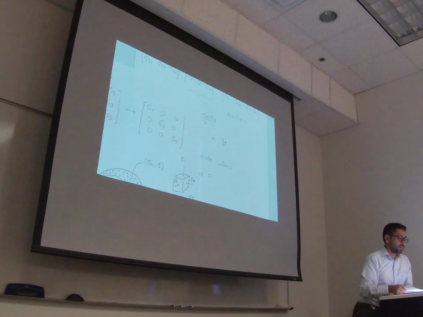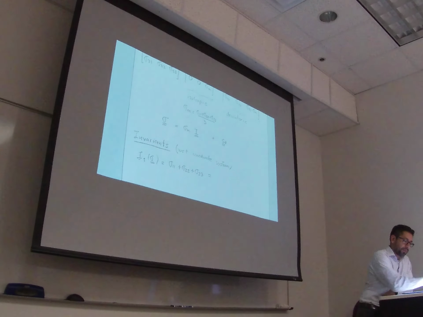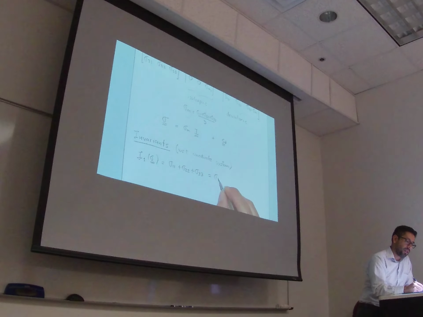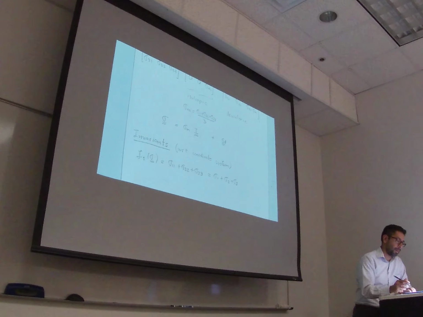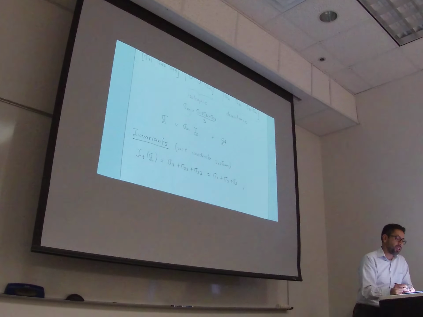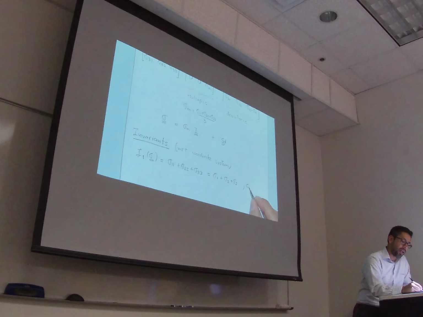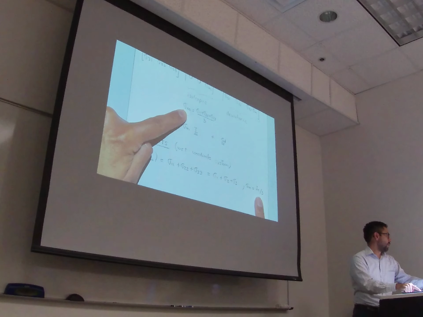It's going to be sigma 1, sigma 2, and sigma 3. So this is also going to be the summation of the principal stresses. And by extension from this equation, we see that the mean stress is equal to the first invariant divided by 3, which is that equation over there.